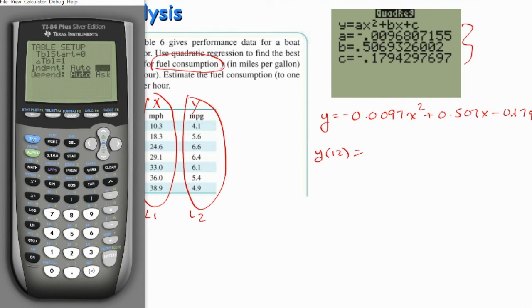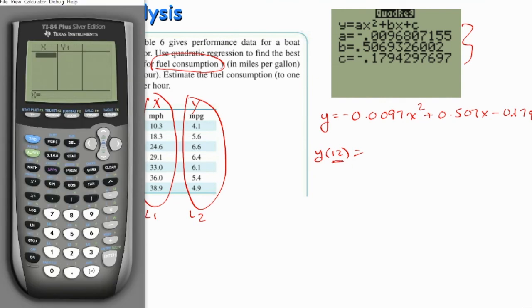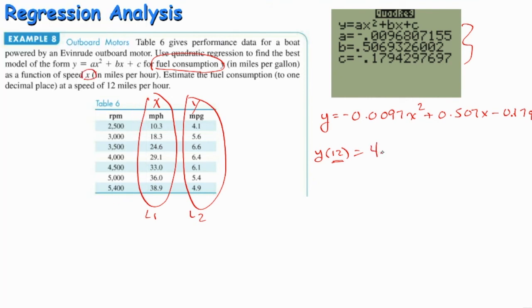And when I go to table, I want to type in 12 for my x value, and it'll plug it into the function and tell me 4.582. It says estimate fuel consumption to 1 decimal place, so 4.6 miles per gallon at 12 miles per hour.